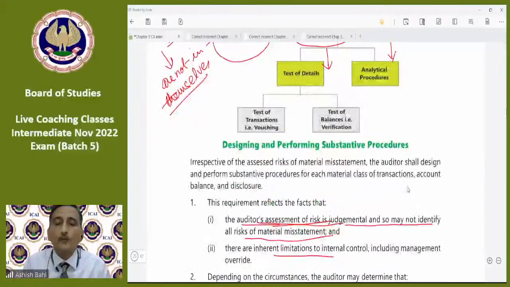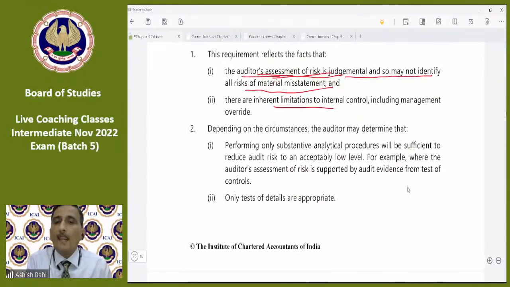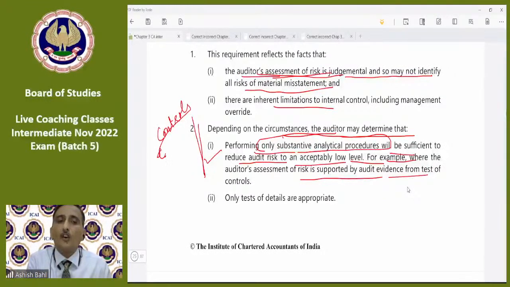Depending upon the circumstances, the auditor may determine that performing only substantive analytical procedures will be sufficient to reduce audit risk to an acceptably low level, for a system where the controls are very strong.